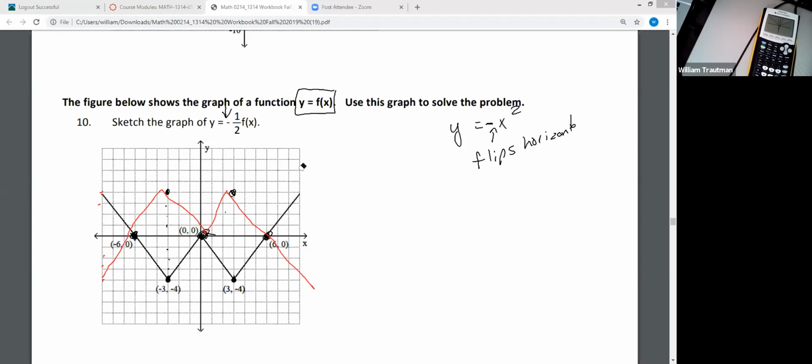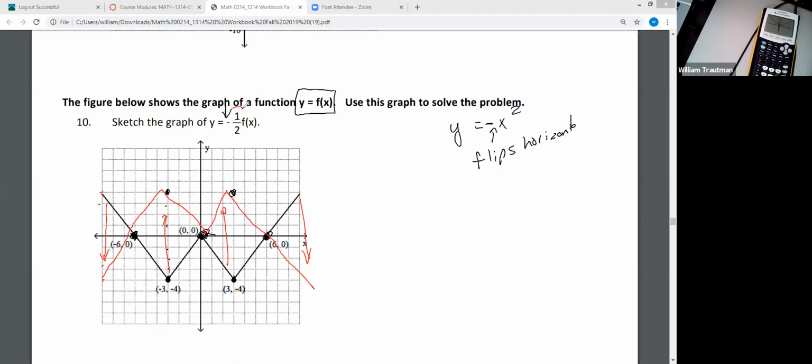Do you see? It's the same graph. We just, this flips down, this flipped up, and this flipped down. Okay, so that's the flipping part.